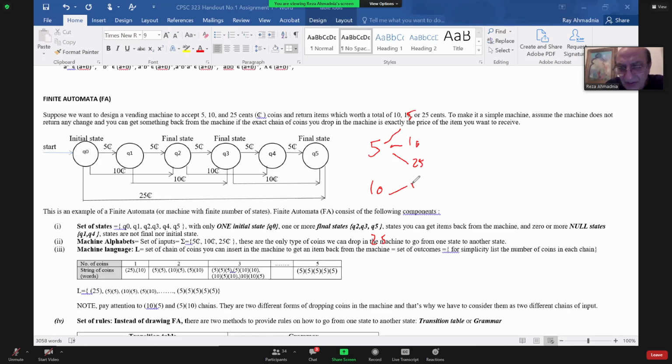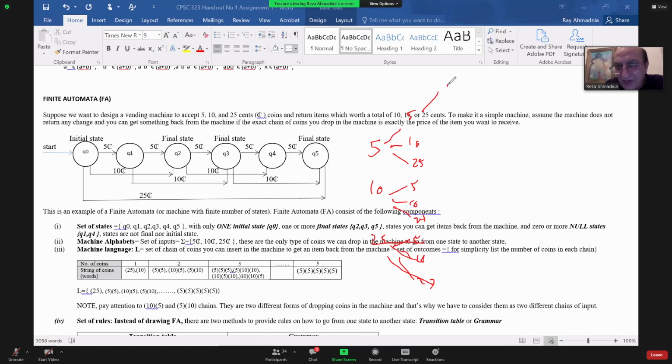This one here is 5, 10, 25, and this one here is 5, 10, and 25. So none of these is going to be a word in the language, because the amount of this one is more than 25, the amount of this is more than 25, and the amount of this one is more than 25 here.